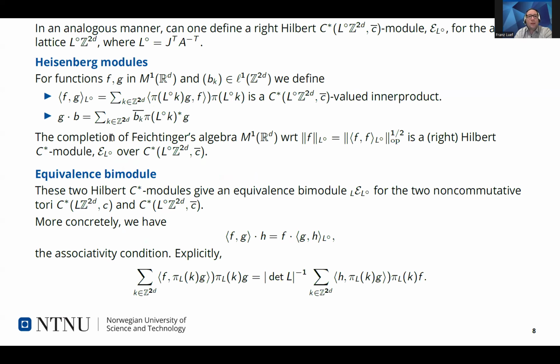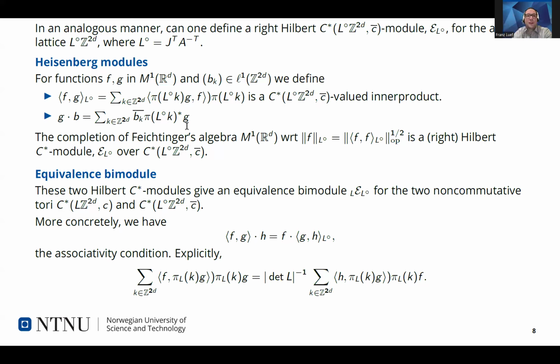And you can do the same thing for the adjoint lattice, but people also call it the dual lattice, because it's the dual lattice if you want to do Poisson summation for the symplectic Fourier transform.